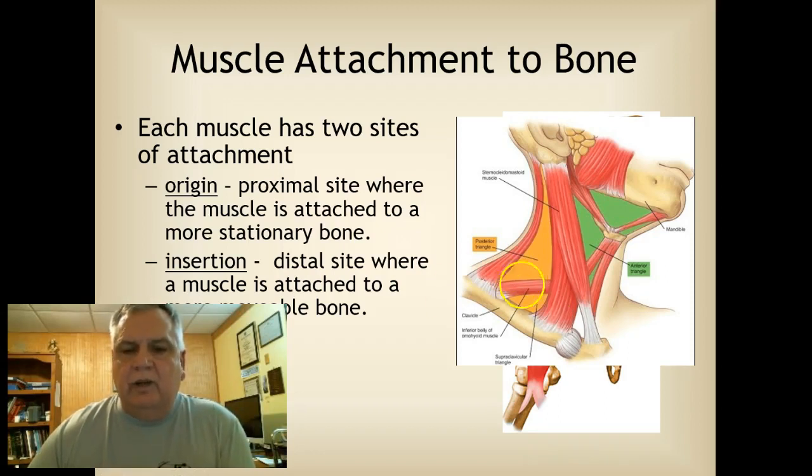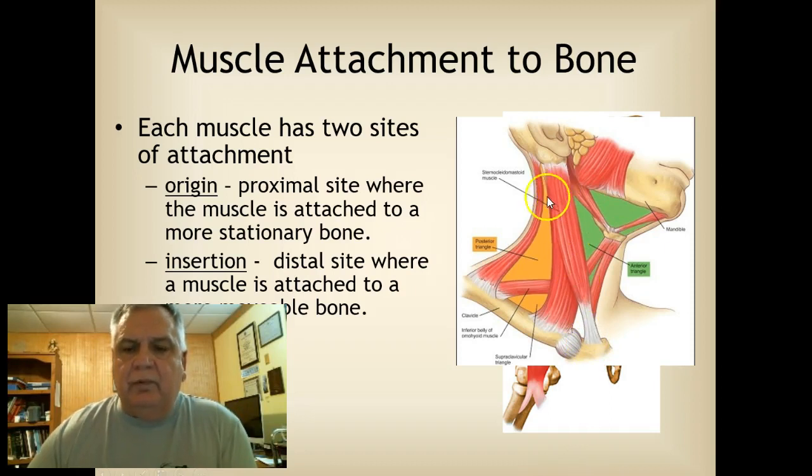Well, remember, in this case, we're not on a limb, so we're going to have to apply the second component of each definition, which is for the origin, stationary bone, and for the insertion, movable bone. So down here we can see where the sternocleidomastoid muscle attaches to the clavicle, which is a more stationary bone, right? It doesn't move much, and then attaches to the sternum, a much more stationary bone.